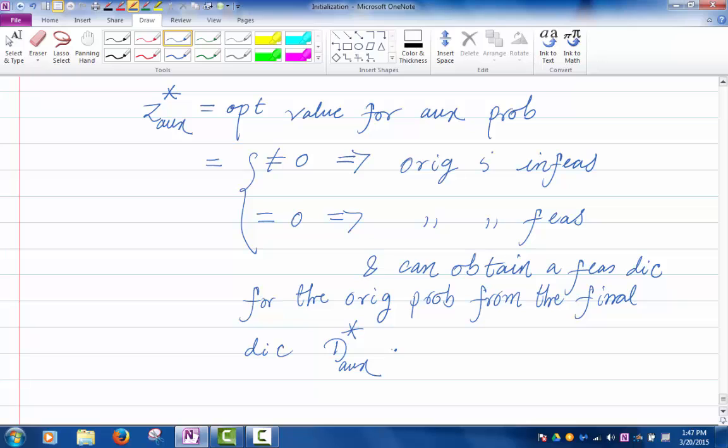How do you change the objective row? Go back to the original objective function. Let's say this is x1 plus x2 plus x3. You replace them by their values from the dictionary. You read off the values of the decision variables for the original problem from the dictionary, and then rewrite Z, right?